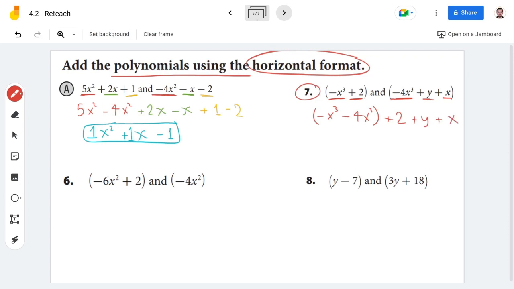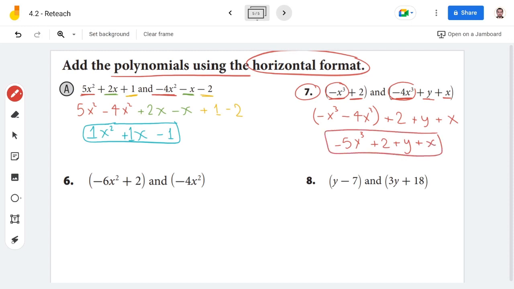Now only these two terms are like terms. So negative 1 minus 4 is negative 5x cubed plus 2 plus y plus x. So this one is the final answer.